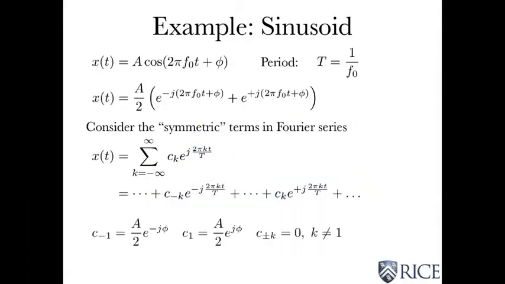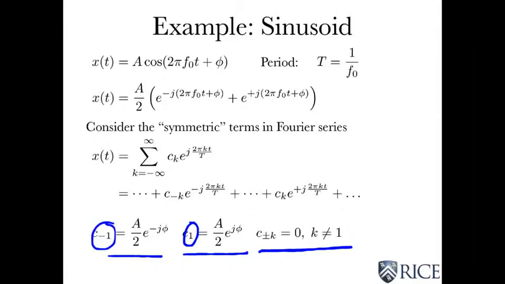And that's exactly what the answer is: the Fourier coefficients are all 0 except when k equals 1, and we get these quantities for the fundamental harmonic frequency and its negative counterpart.